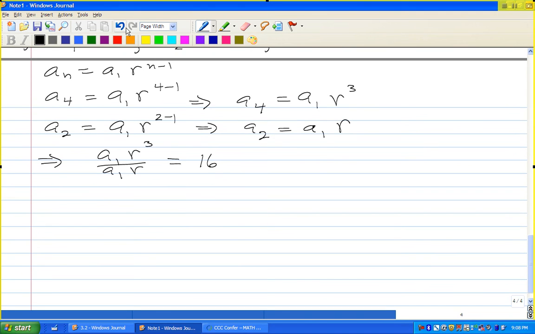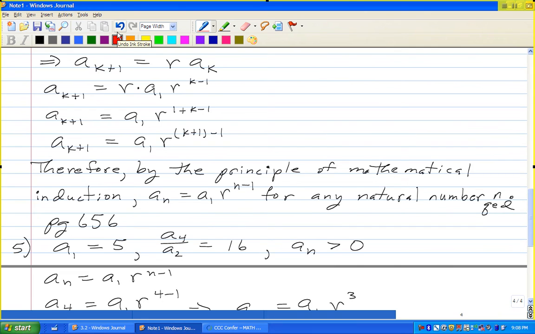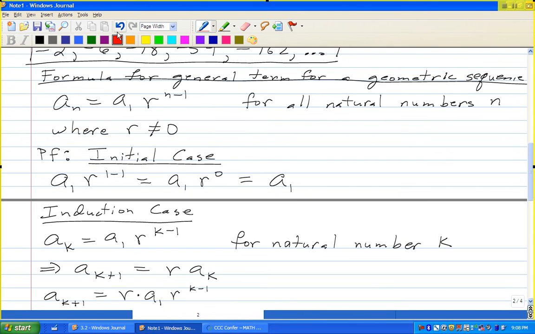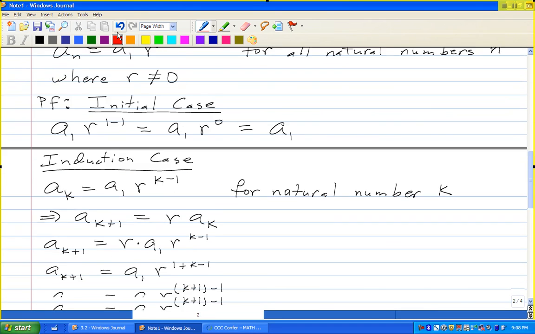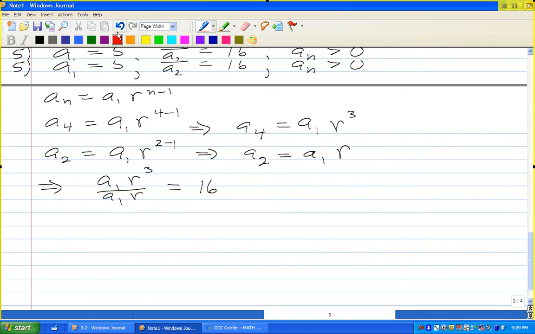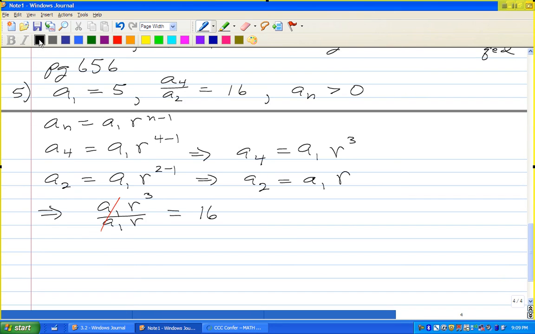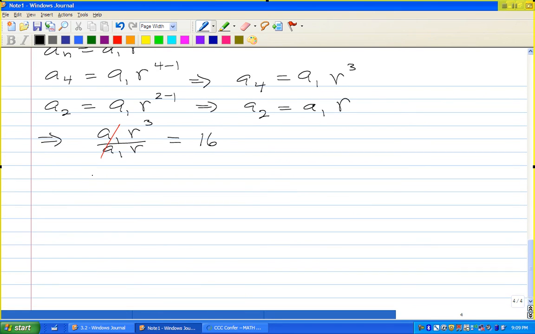Well, assuming a1 is not 0, which we have assumed here, that a sub 1 is not 0 because we're assuming all the terms are positive. So I can cancel. And so I get that r squared is 16.